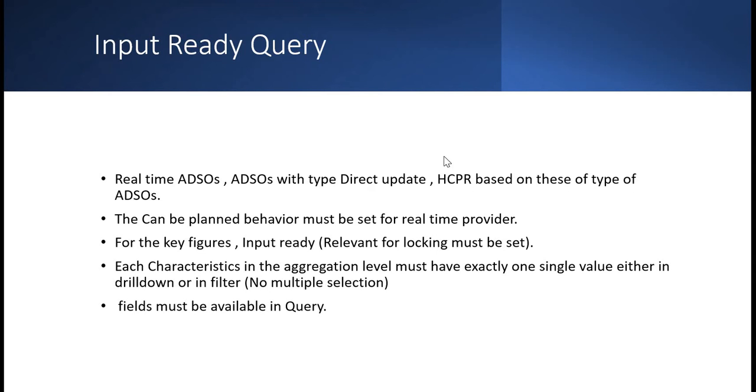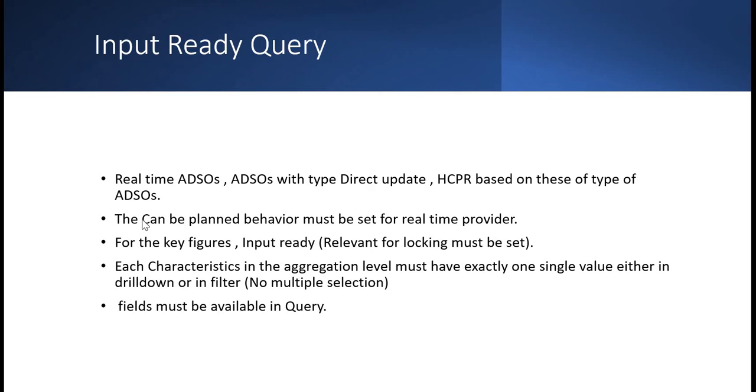Meaning that the query you create can be built on an ACPR or on the aggregation level, but the base ADSO should be either real-time or an ADSO with direct update.